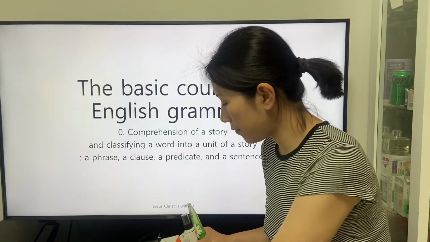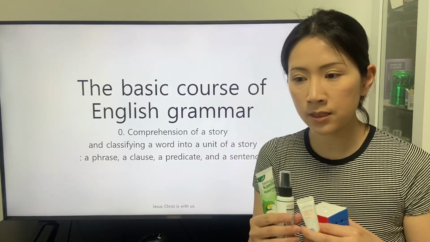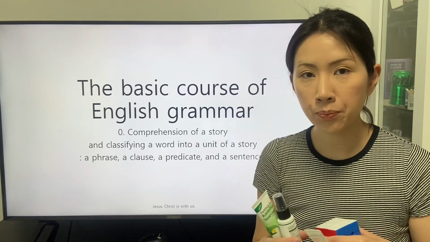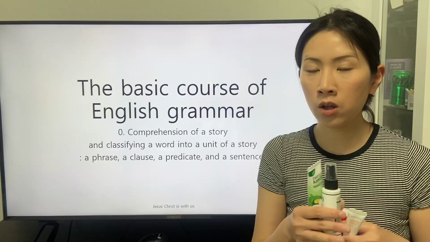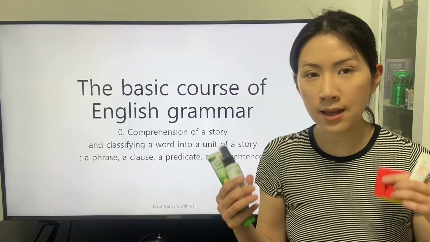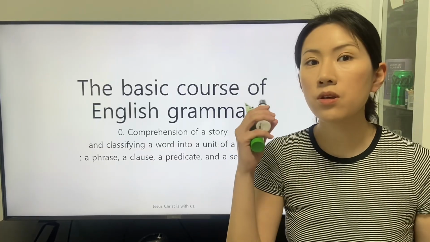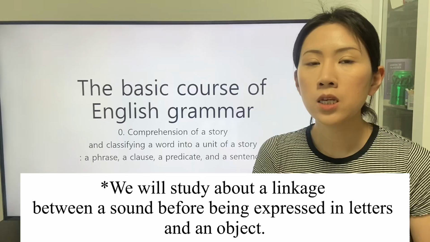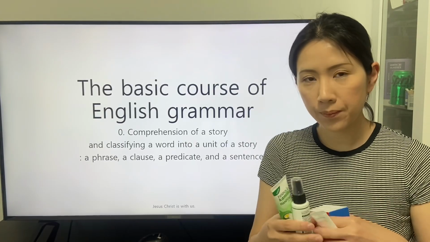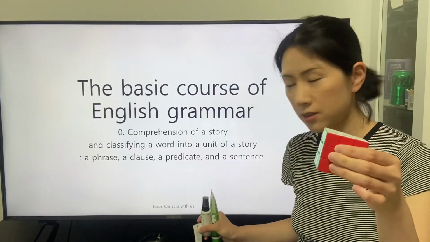There are 4 objects, and we are going to identify an object with a sound that is not identified with the letters. There are 4 objects, and I will identify this with 111.